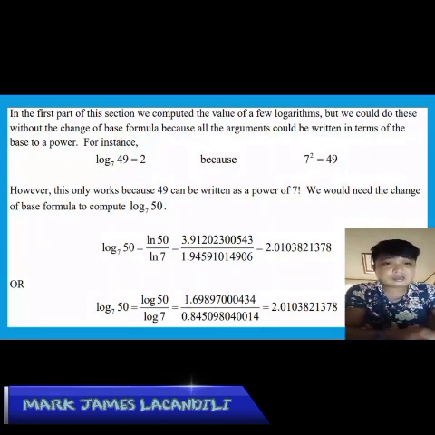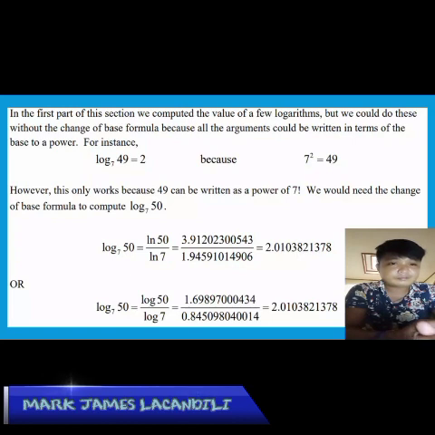For instance, log base 7 of 49 is equal to 2 because 7 exponent of 2 is equal to 49. However, this only works because 49 can be written as a power of 7. We would need the change of base formula to compute log base 7 of 50.